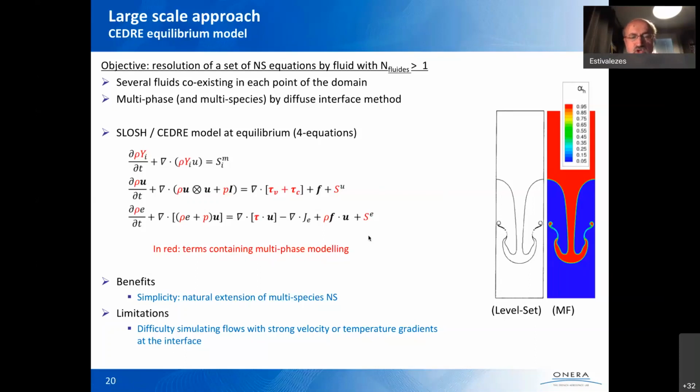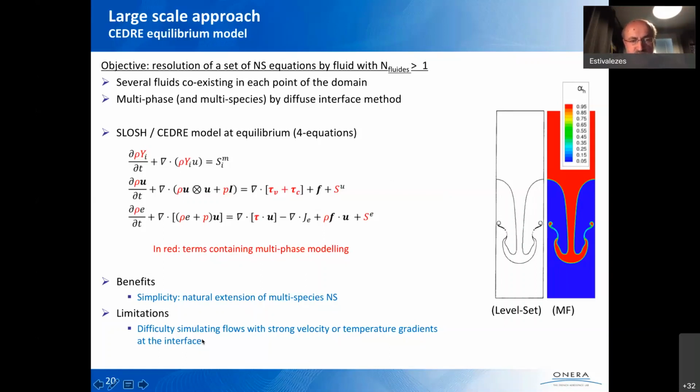Well, you have to play also with thermodynamic properties, which is not so simple, but the transport equation is quite simple, and it can be extended naturally to multi-species, and it is also a compressible approach, so it can deal with high-speed injection systems like in some rocket engines, supersonic ramjets or something like that.